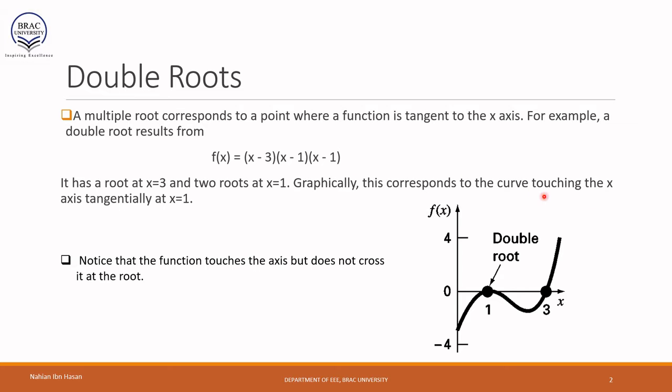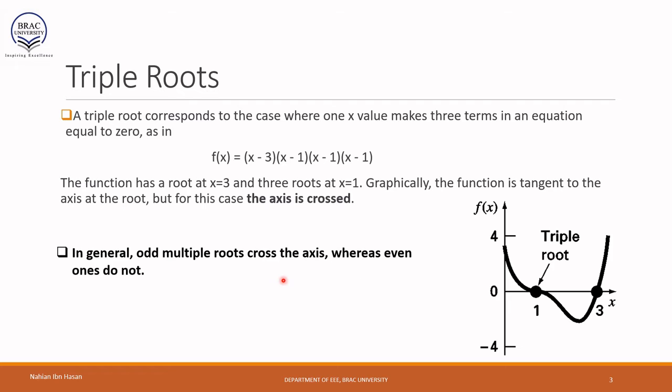Let's look at another scenario. In this case, our function has three similar roots. Look at this. At x equal to 1, now we have three similar roots. But what is the difference from the previous slide? In the double roots, we saw that our function touches the x-axis but does not cross it. In this case with three similar roots, at x equal to 1 our curve is tangent to the x-axis, but it does not cross at the x equal to 1 point.